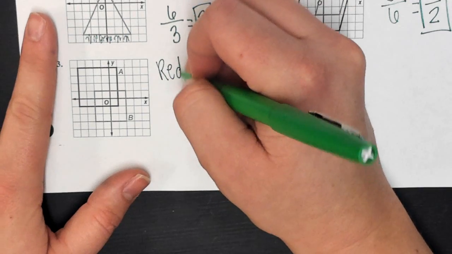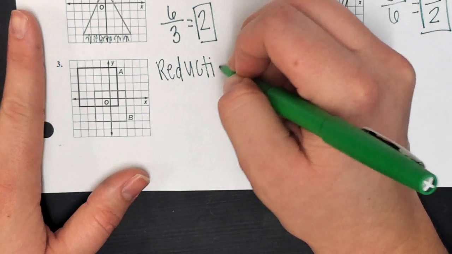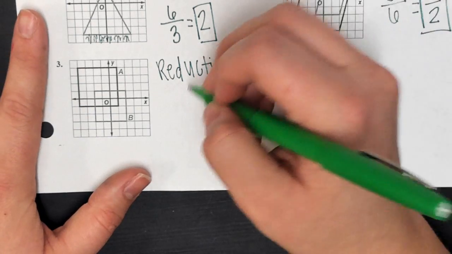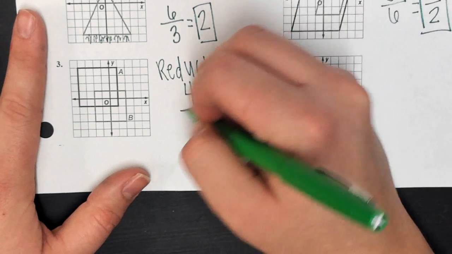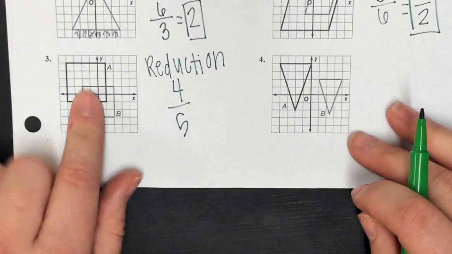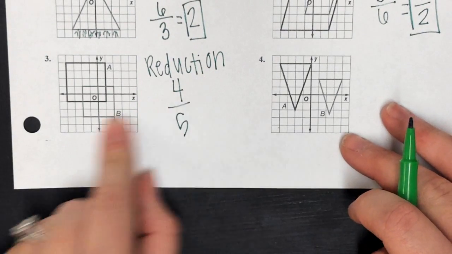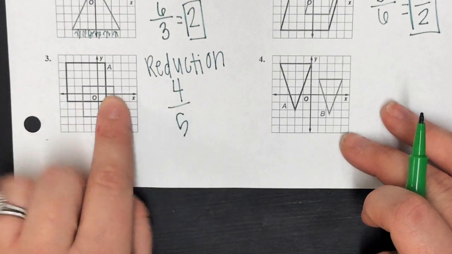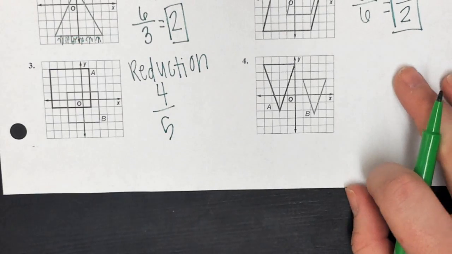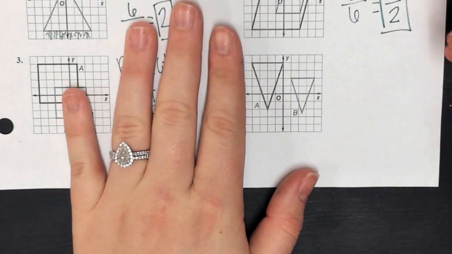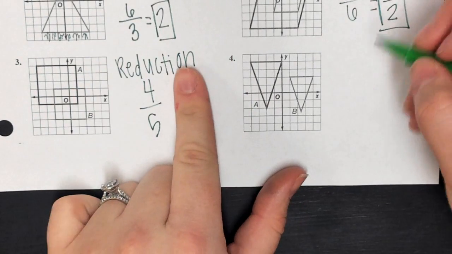Reduction. So the smallest one goes on top. What was the scale factor? 4 over 5. Okay, good. So from A to B, it was a reduction. So the smallest one goes on top. 4 over 5. All right, number 4. Kevin, enlargement or reduction? Yep, reduction.